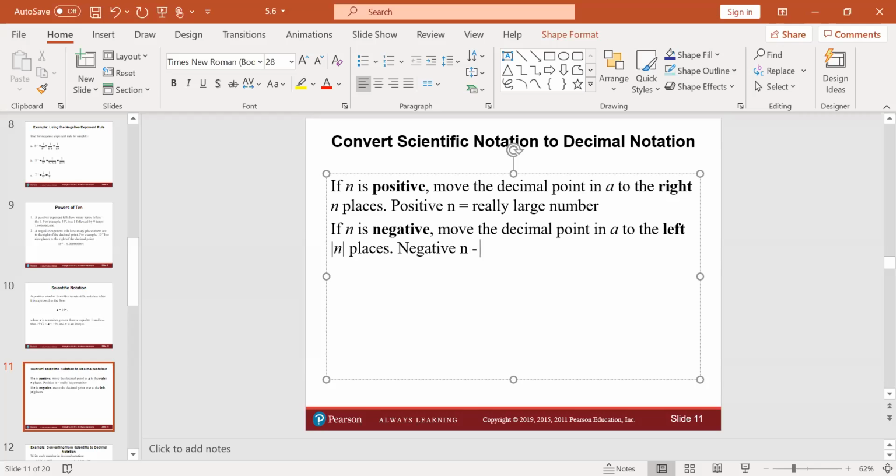So negative n equals really small number. A number that's really close to 0. In fact, it's telling you how many places to move the decimal point, and then the sign of n, positive or negative, tells you which direction to move the decimal point in, to the right or to the left.